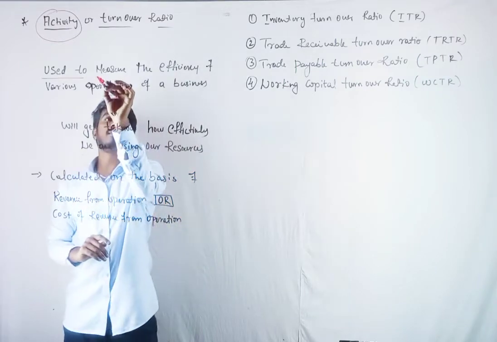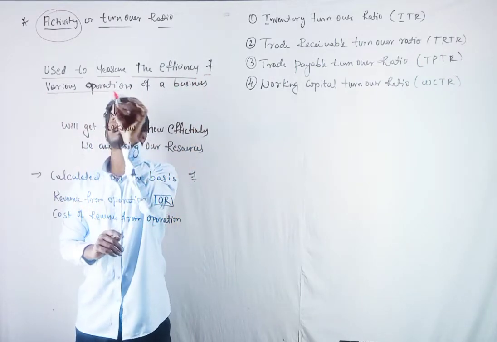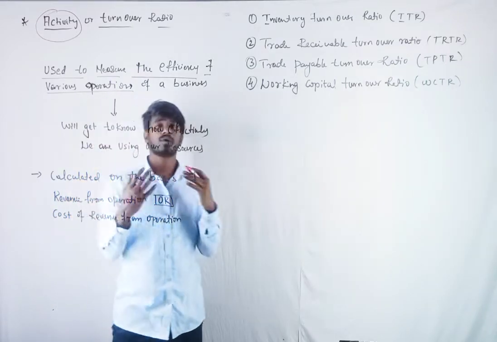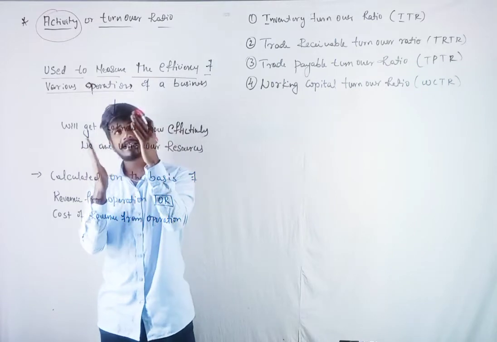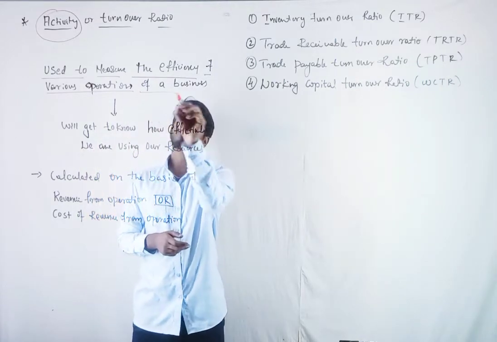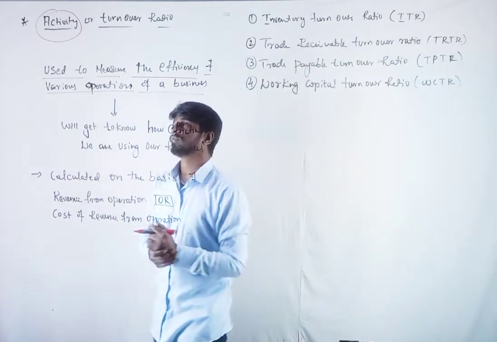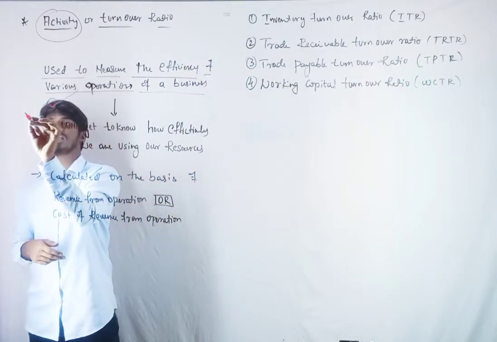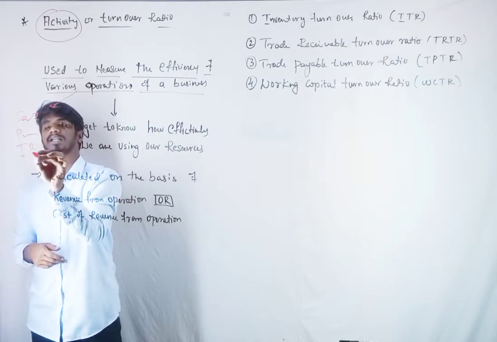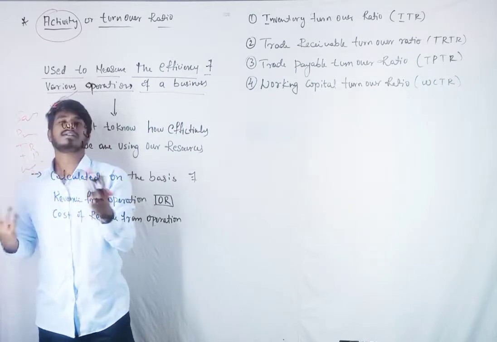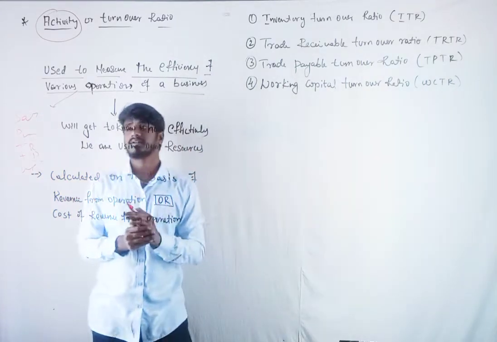The ratio is used to measure the efficiency of various operations of a business. Various operations means sales, purchase, trade receivable, trade payable, working capital, like this.